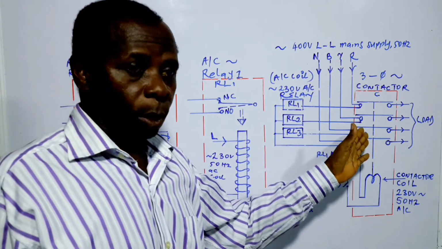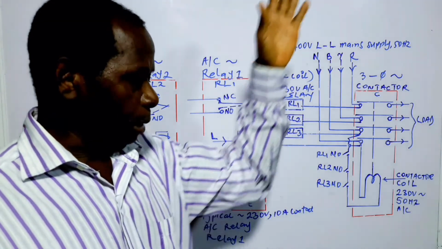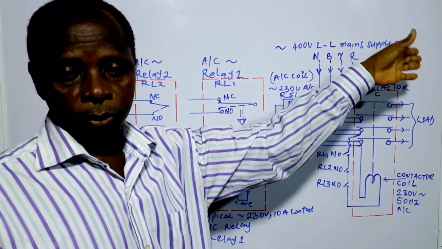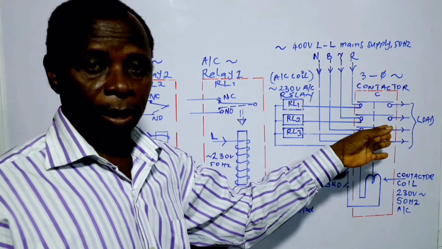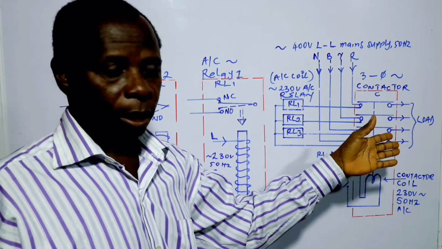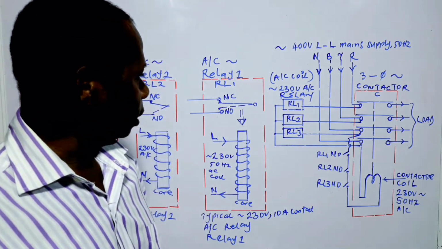So this one serves the purpose of detecting the mains failure, and at the same time it does the signaling to the standby power supply system, which is usually a generator set. And that is the way it is.